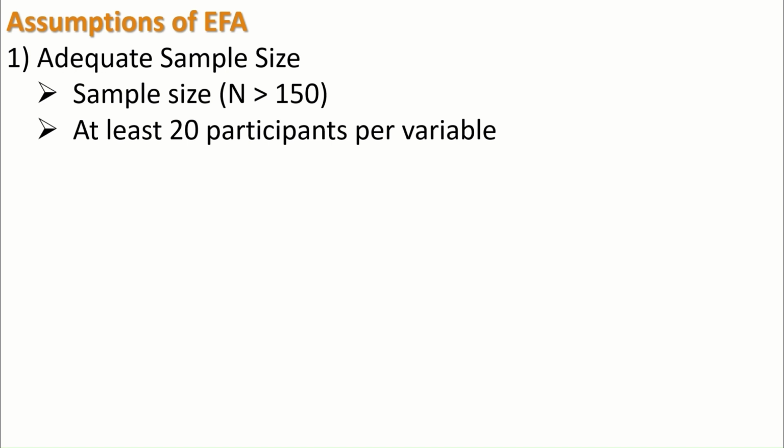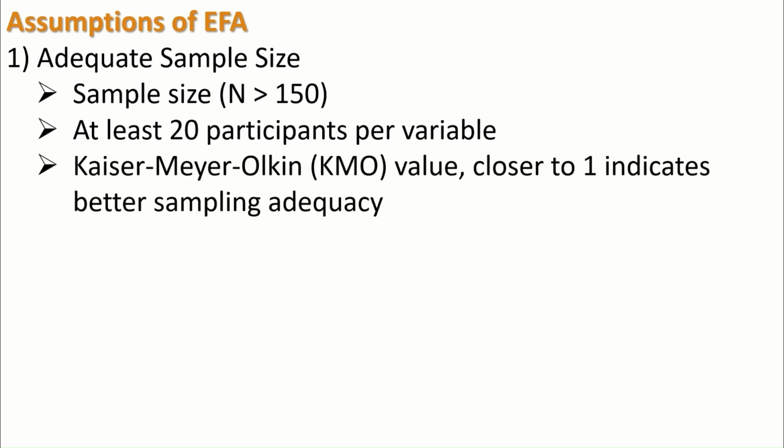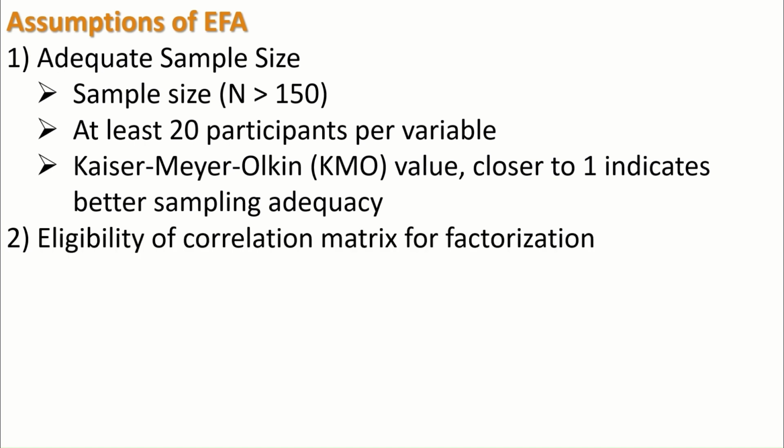At least there should be 20 participants per item or per variable or per question. One of the statistical methods that can be performed to find out whether there is adequacy in the sample size is the Kaiser-Meyer-Olkin method. It will be given a value. Any value closer to 1 indicates better sampling adequacy.